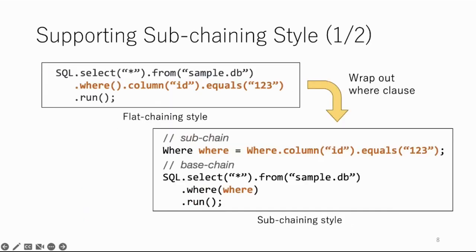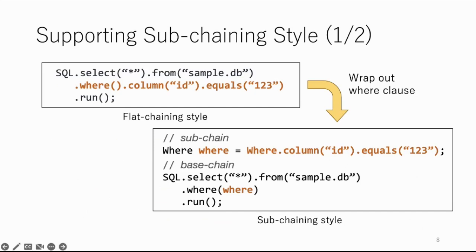Then we consider how to support subchaining style. Subchaining is a style of method chaining. In subchaining style, programmers wrap out a part of the whole method chain as an independent subchain and attach it to the base chain later. We say a method chain is flat when it is not a subchain. The upper figure shows a method chain written in flat chaining style, and the lower one is in subchaining style.